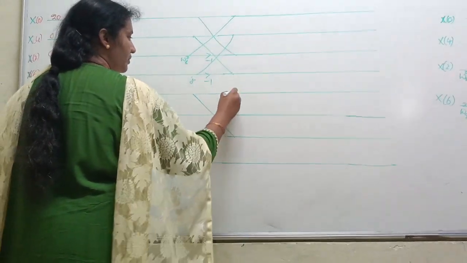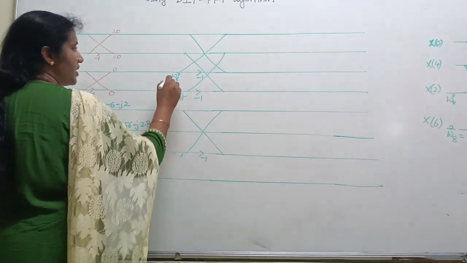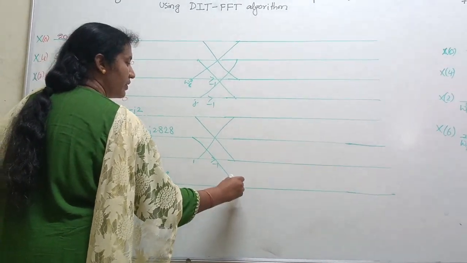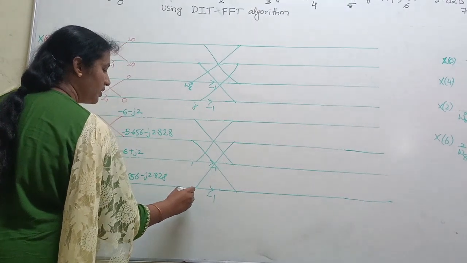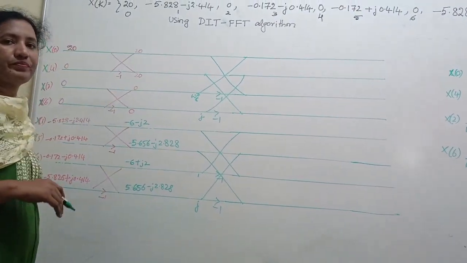So first one is multiplying with 1. That means W8^0 is 1. Next, we will try to solve here, multiplying with -1. You have to multiply with J. Let us see what will happen.